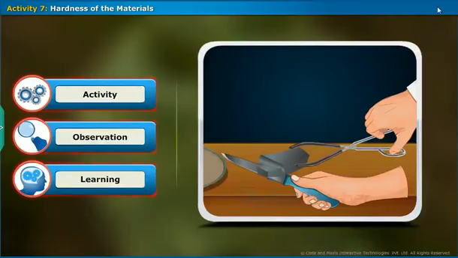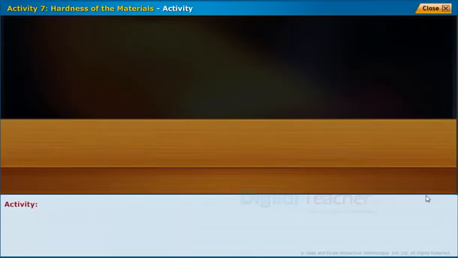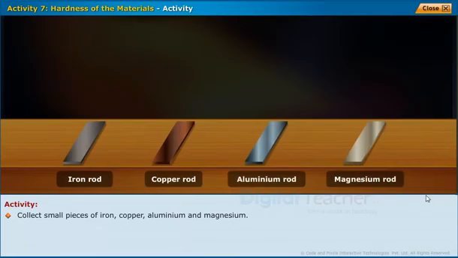Here we perform an activity to test the hardness of materials. Click each tab to know more. Collect small pieces of iron, copper, aluminium, and magnesium.